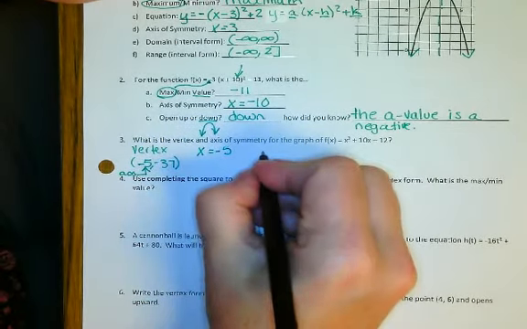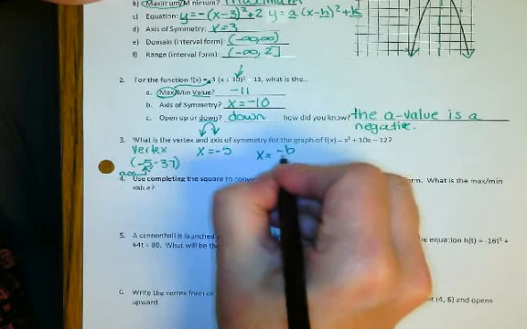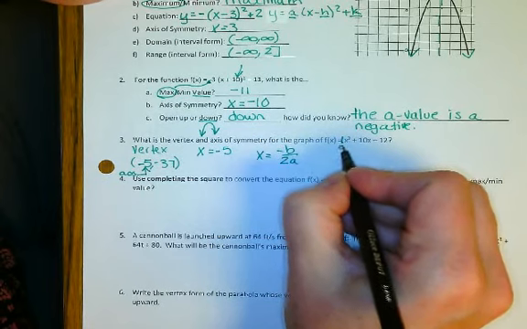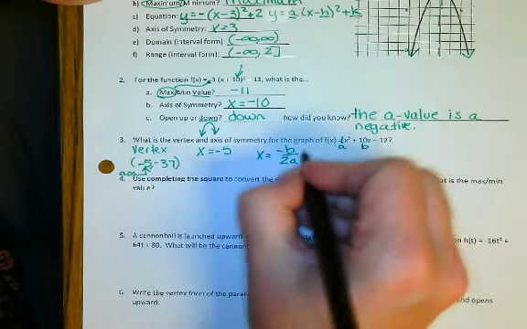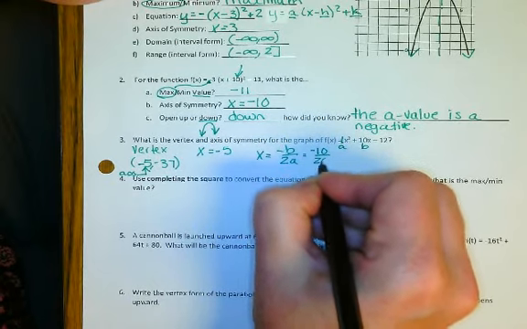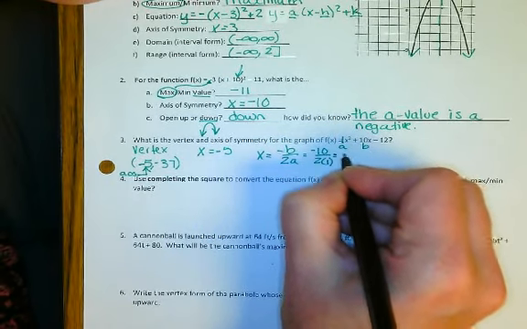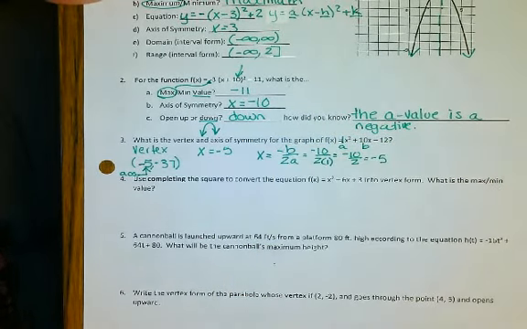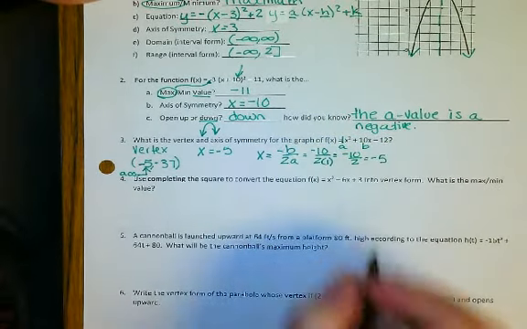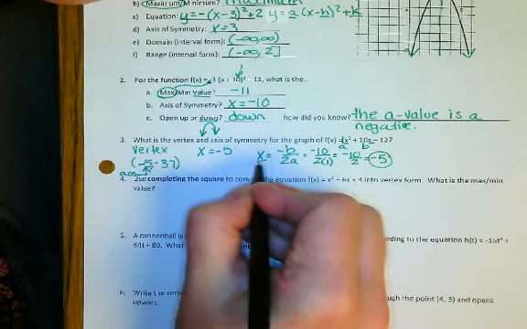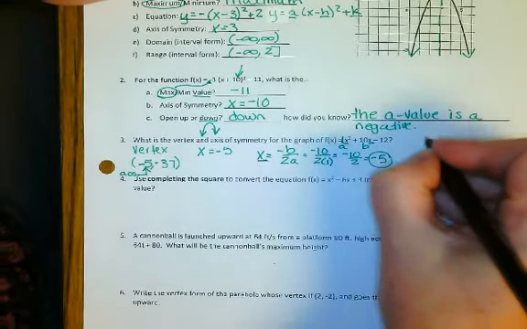Now, if you're going to do it by hand, you have to use x equals negative b divided by 2a. My a value is 1, and my b value is 10. So I would have negative 10 divided by 2 times 1, which gives me negative 10 divided by 2, which is negative 5. Now, at that point, I'm going to take this negative 5 and substitute it in for the x's here, because that's what I just solved for in x.